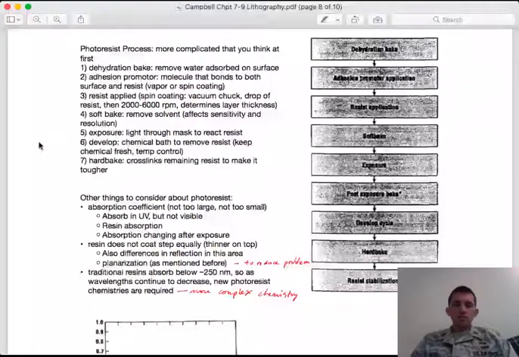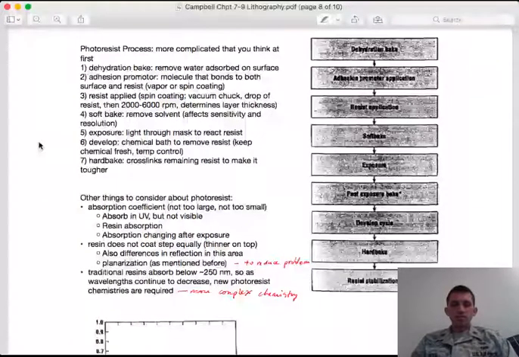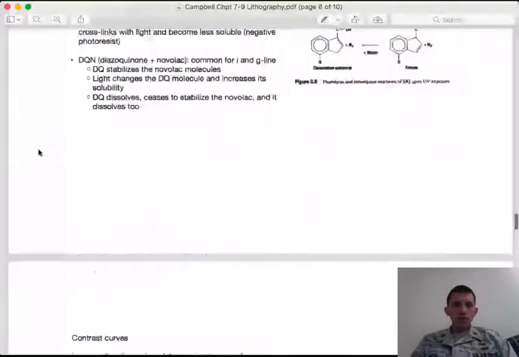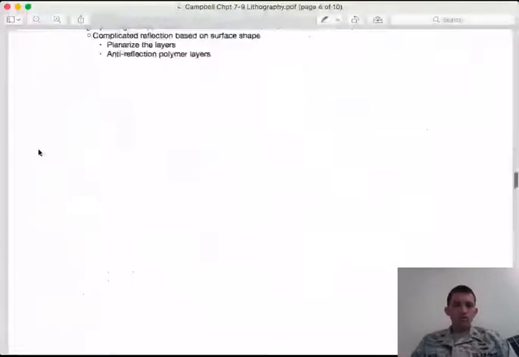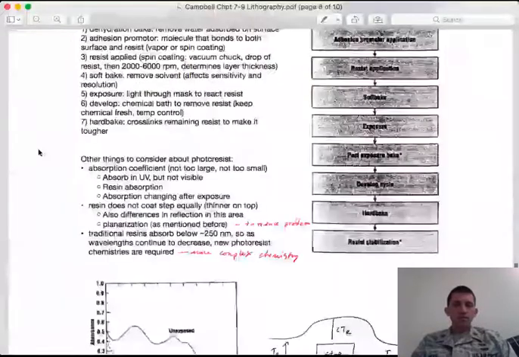Then you do your exposure, where you put it in your lithography system. You have your mask either projected onto the surface, or through contact, or a little standoff proximity printing.